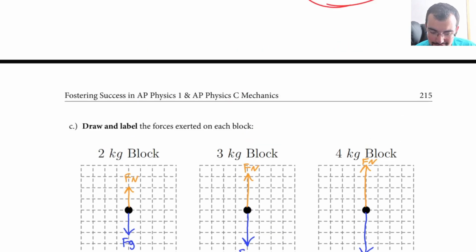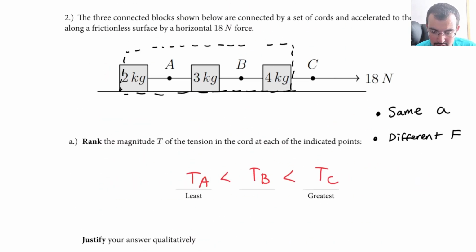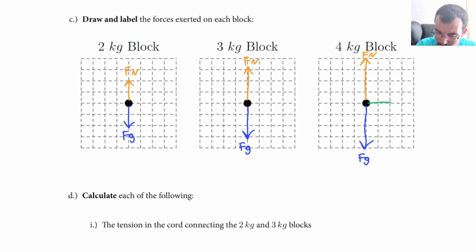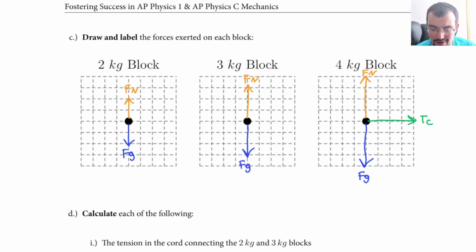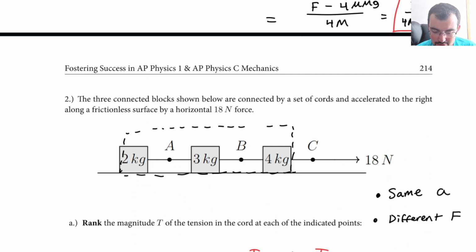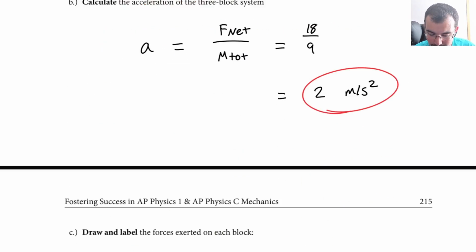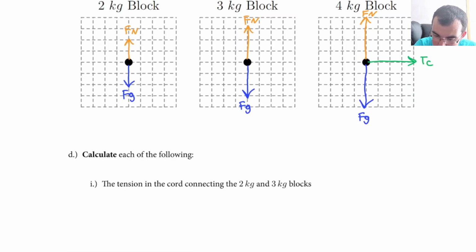And now let's look horizontally. So the 4 kilogram, we said, is getting pulled with the most tension, so I might give you that much. We'll call that the tension at point C. It's just getting pulled by the tension at point C. There's also a rope at point B pulling on it. There will be a tension at B. Then by Newton's third law, that tension at B will be the same, but in the opposite direction.